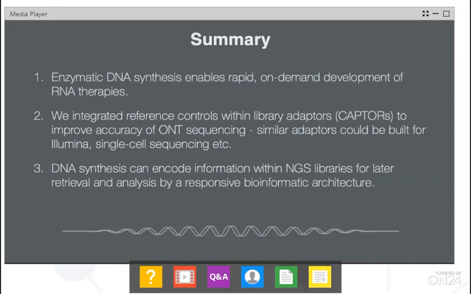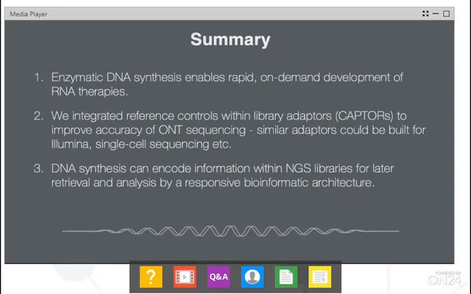Furthermore, really any technology that uses barcoded adapters, such as single-cell sequencing and spatial transcriptomic sequencing methods, can similarly incorporate these quantitative reference control sequences and confer many of the benefits of CAPTORs on these methods. So you can easily envisage using CAPTORs to measure the complexity of single-cell libraries, and to inform normalization between the transcriptomes of individual cells, for example.